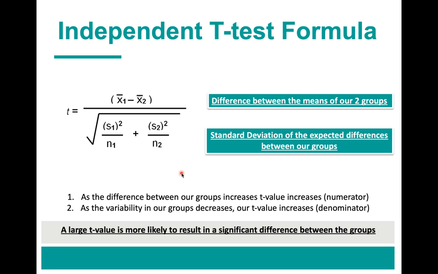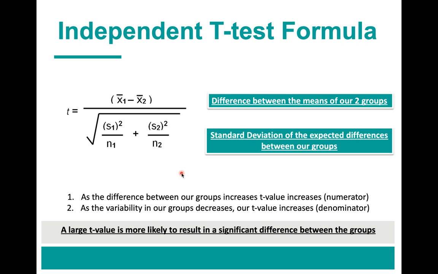We can try to control it as best we can, but we're never going to be able to completely control it. If I'm looking at 9th graders, I have to collect a random sample of 50 9th graders. That random sample of 50 9th graders is going to be a little different from any other random sample of 50 9th graders. There's uncontrollable variability there.